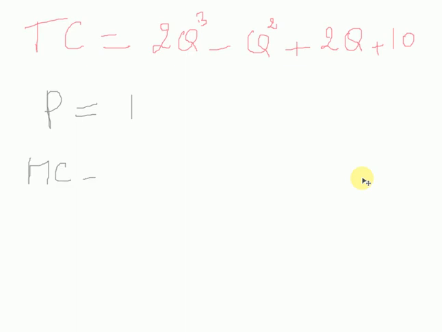The marginal cost is equal to the derivative, or delta TC over delta Q. It's equal to 6Q squared minus 2Q plus 2.